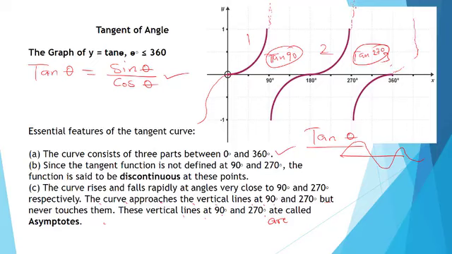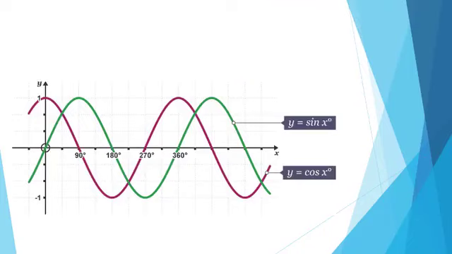So these vertical lines, the straight lines that are formed here, are known as asymptotes. We call them the asymptotes of the tan graph. So I think with this, we're almost done with identifying the nature of the sine, cosine, and tan graphs. Now, this is the relationship between the sine and cosine graph.